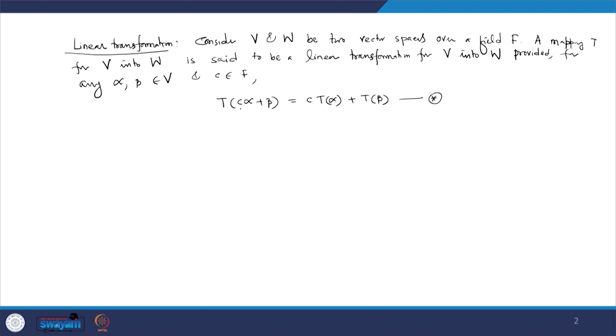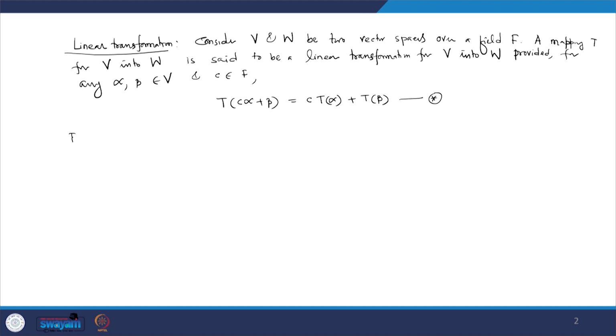So here, in c alpha plus beta, the scalar multiplication c times alpha is scalar multiplication in capital V, and this plus is vector addition in capital V. Whereas on the right hand side, where you have c times T of alpha, this c times means scalar multiplication in W, and in c T alpha plus T beta, this plus is vector addition in W, please.